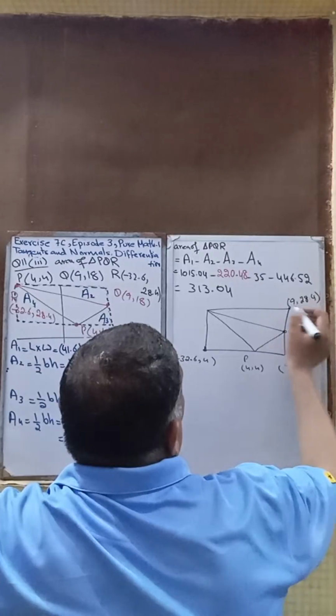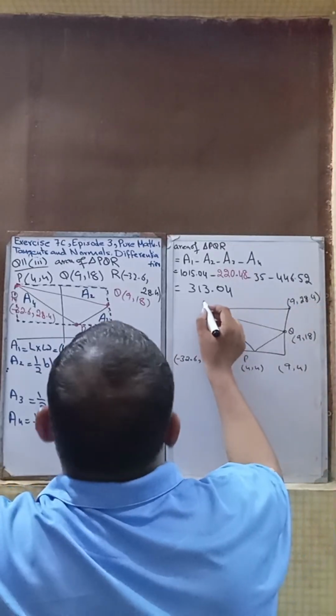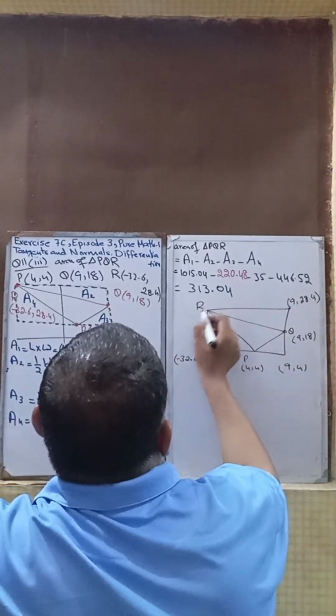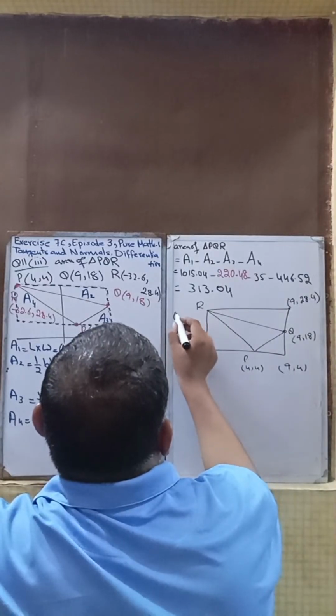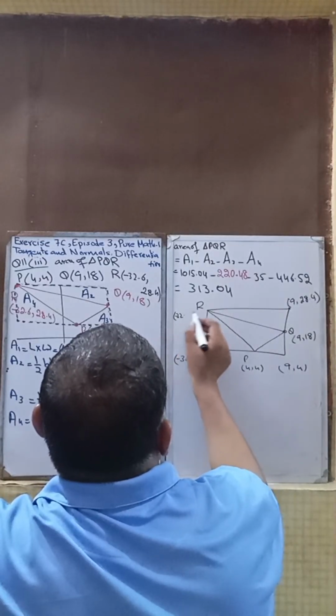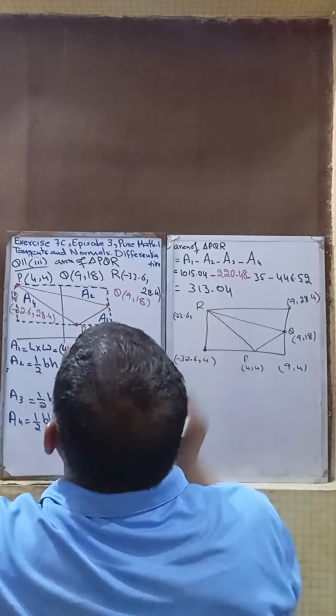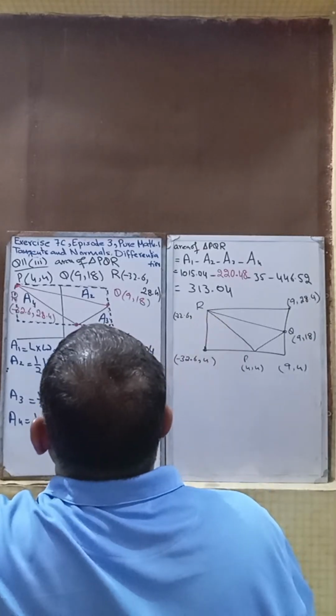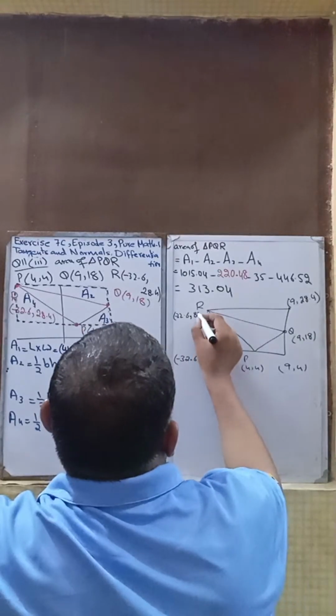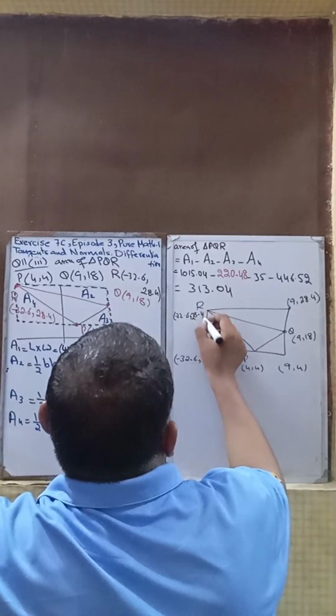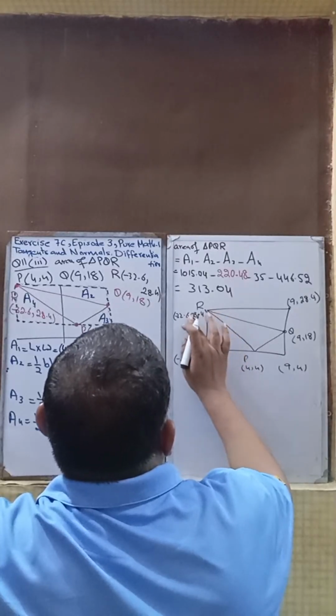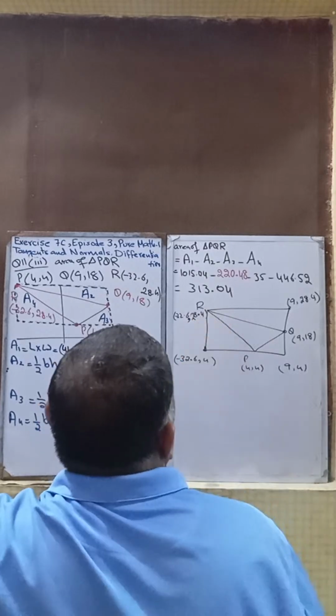Okay, and this point here is the R point, which is minus 32.6, comma 28.4. Okay. So these are the coordinates.